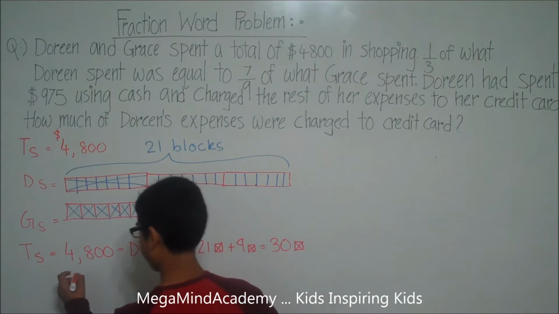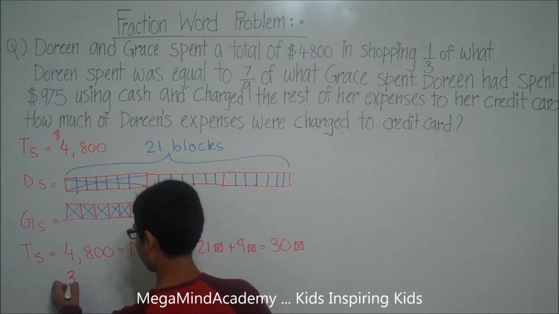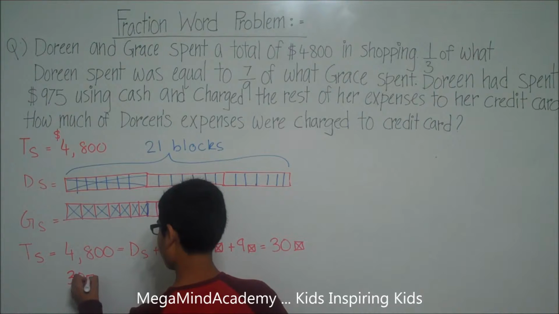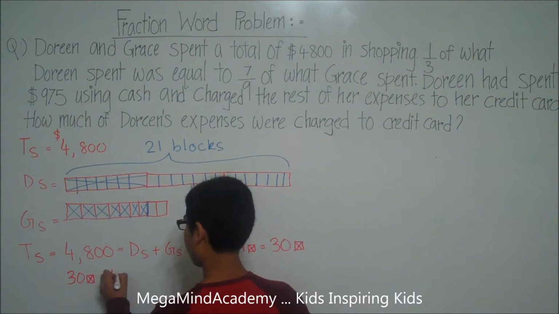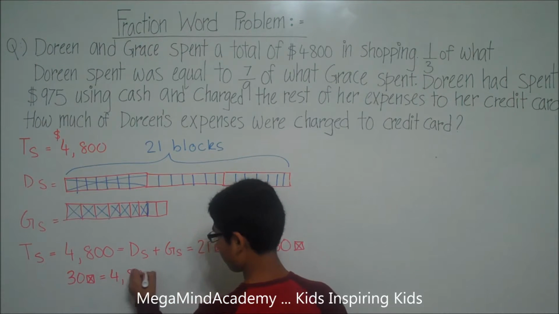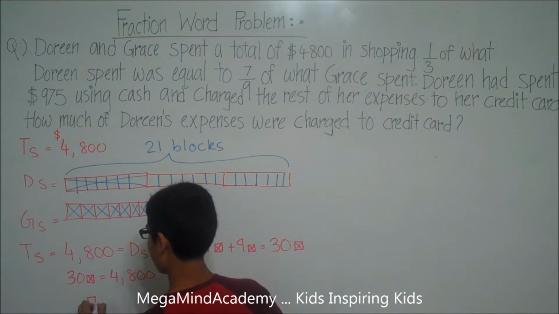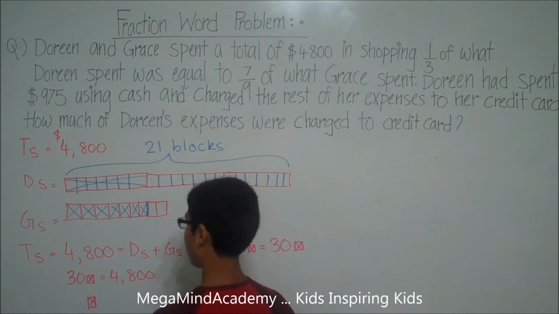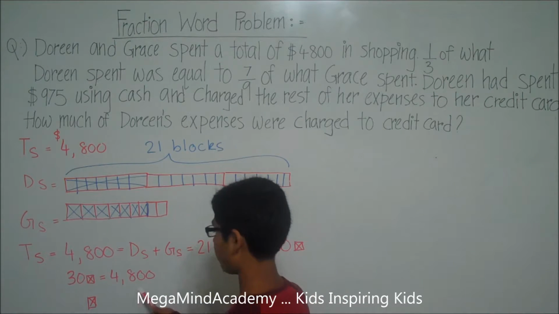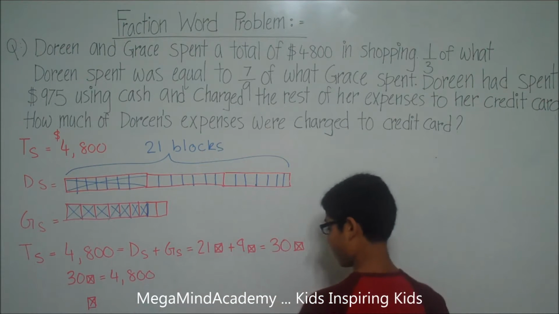Let's rewrite this here. 30 blocks is equal to $4,800. So this means that 1 block is equal to 4,800 divided by 30.